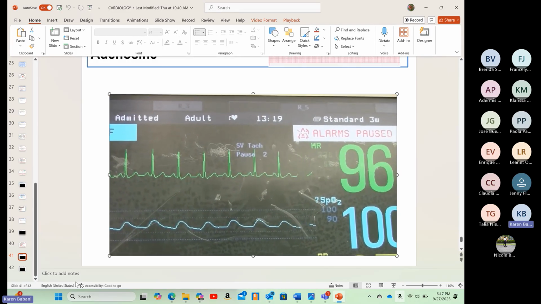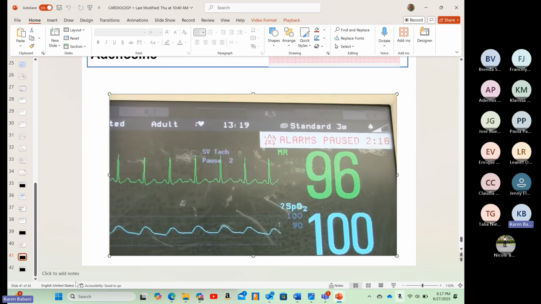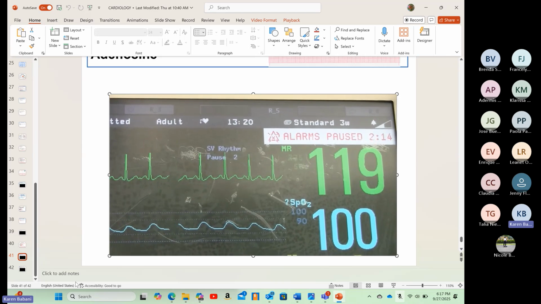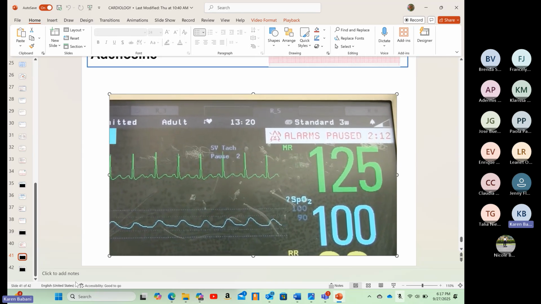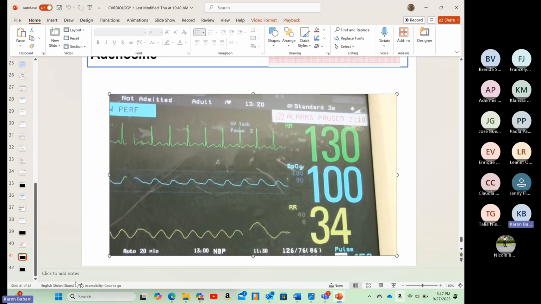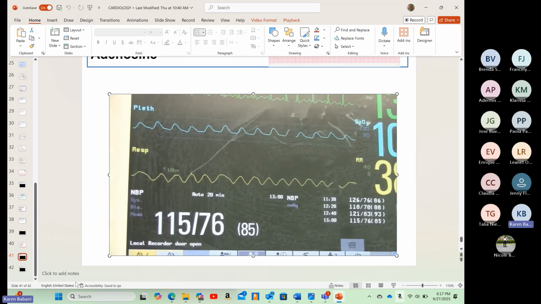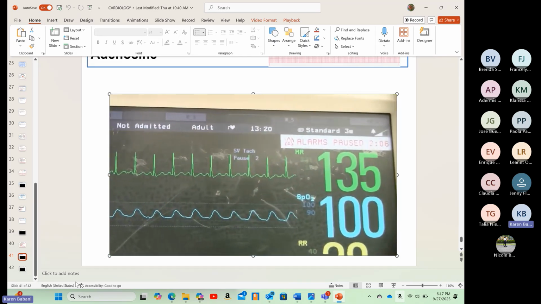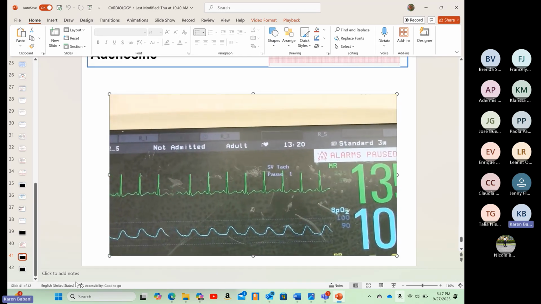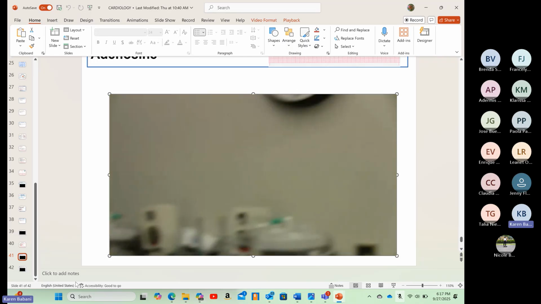It may not work. Give it a chance to come back. If she's tachycardic like that because it's a cardiac related issue, then it may fix it. But if she's tachycardic because she needs 15 liters of fluid, it may not work.